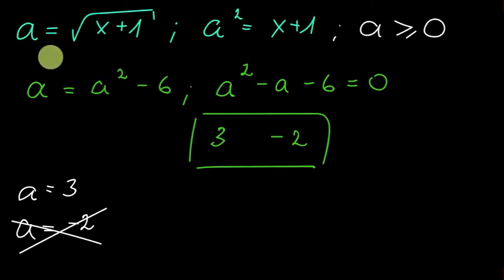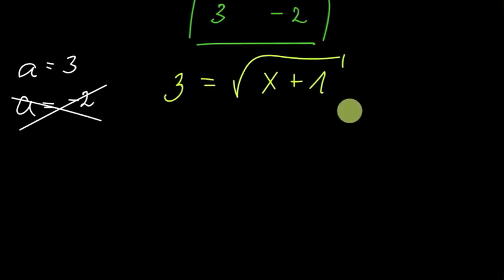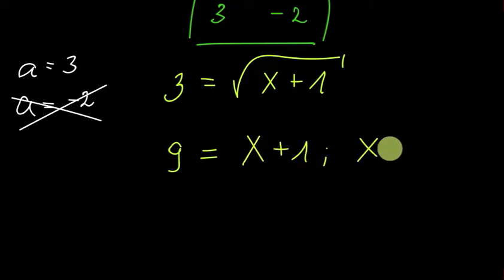So instead of a, let's put 3 here, and we get that 3 is equal to the square root of x plus 1. Now we already solved this type of equation as one of the very first examples. So we just need to take a square of both sides and we get that 9 is equal to x plus 1 and x is equal to 8.